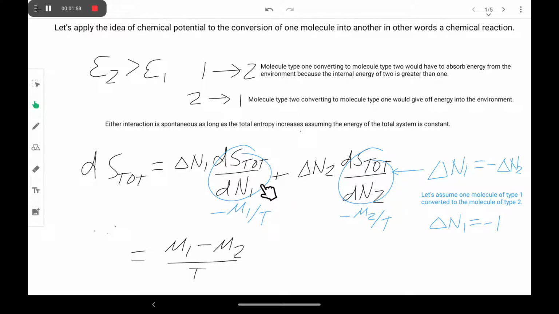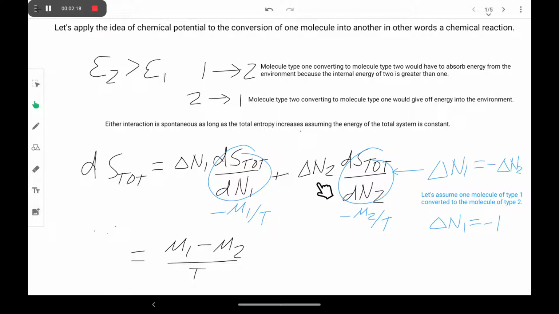Now, the thing that's important here is this derivative of how the entropy changes as you change this type of molecule. We already know what that is. That is negative the chemical potential over the temperature. And the same thing will go for species number 2, the second type of molecule.